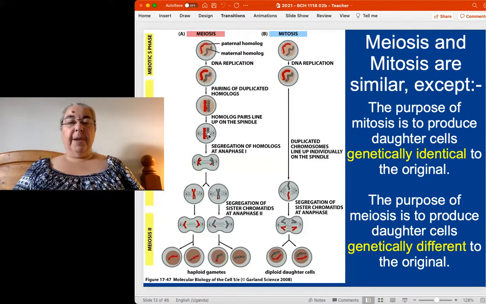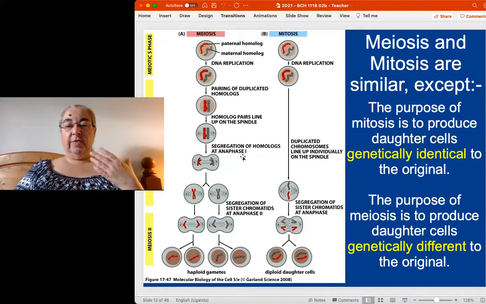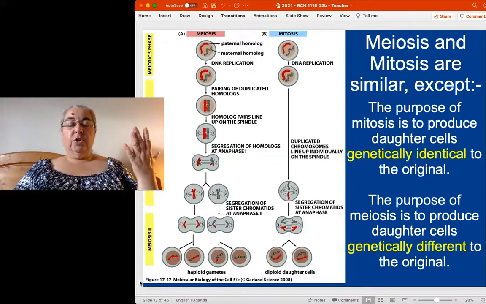Remember that human beings have 46 chromosomes, 23 pairs of chromosomes. So for another chromosome, the maternal one will go to the left and the paternal one will go to the right.